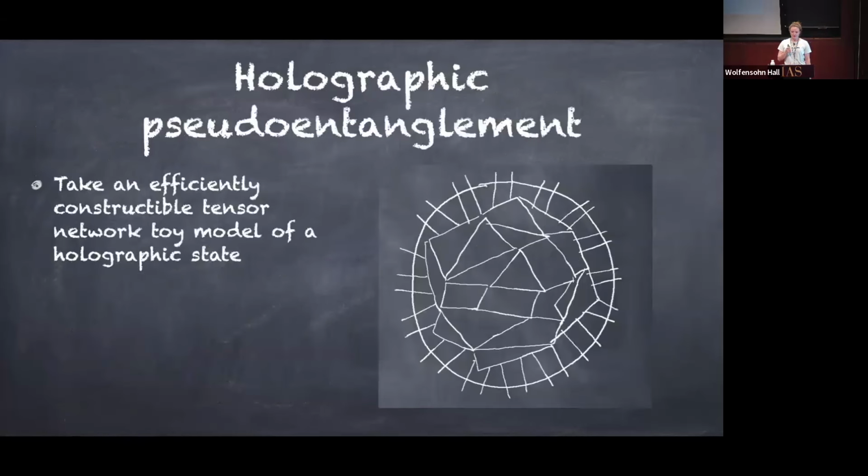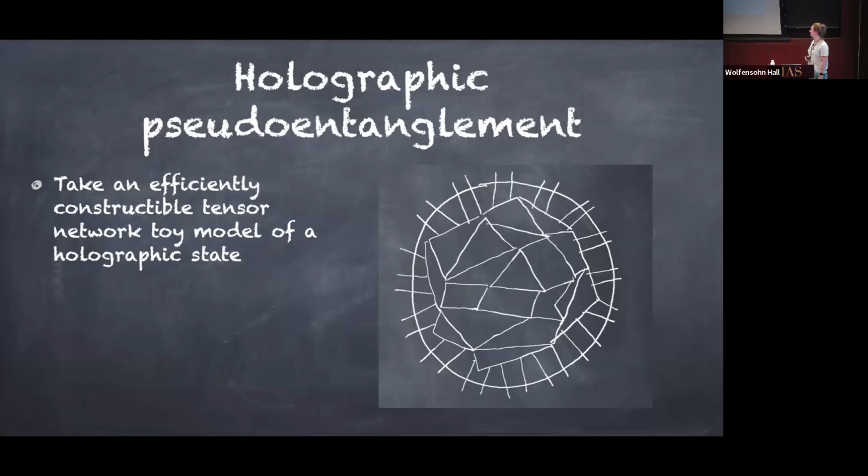Okay, so with that background of pseudo-random isometries, we can look at how we construct this holographic pseudo-entanglement. We're going to start off by taking an efficiently constructible tensor network toy model of a holographic state. In Dan Harlow's talk on Monday, he introduced tensor network toy models of AdS/CFT, which are built out of perfect tensors, where perfect tensors are just tensors with very nice properties.